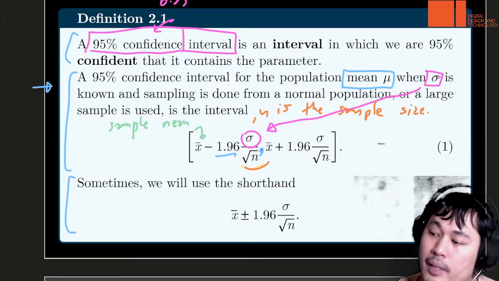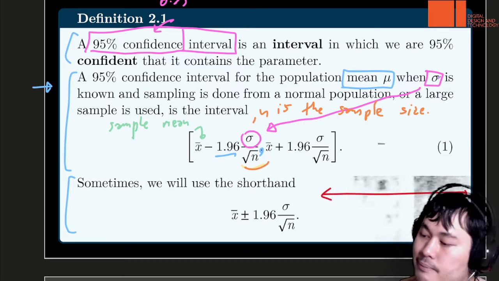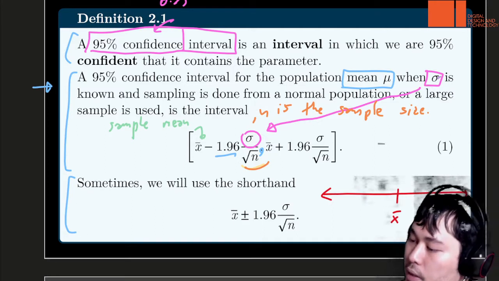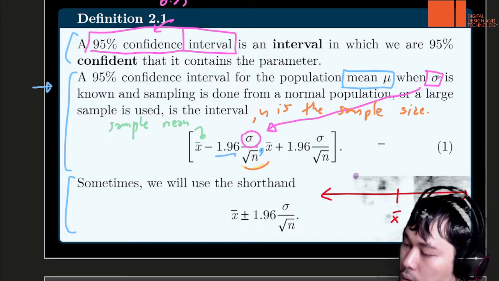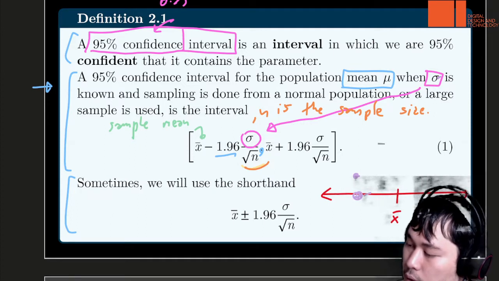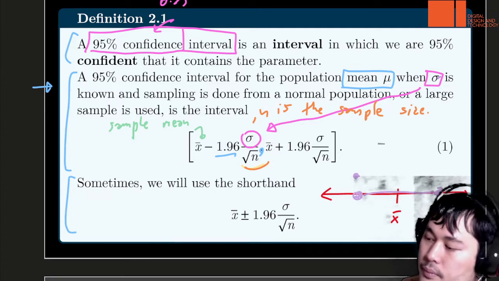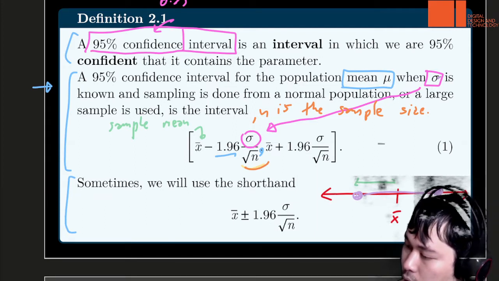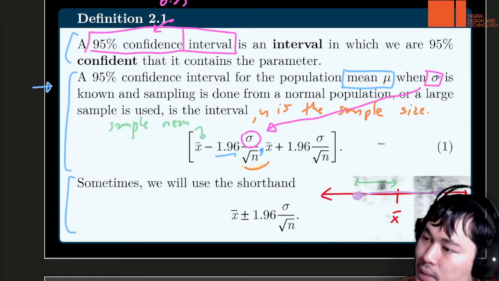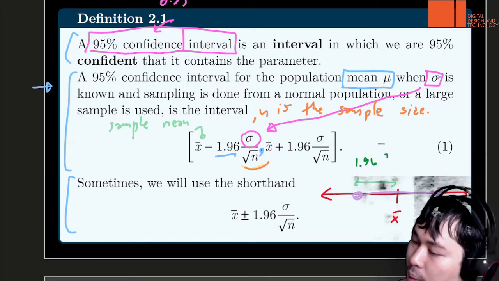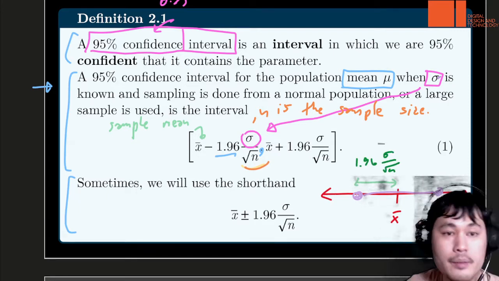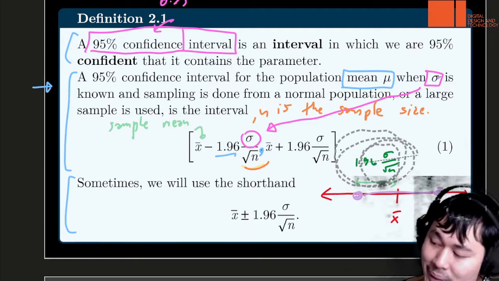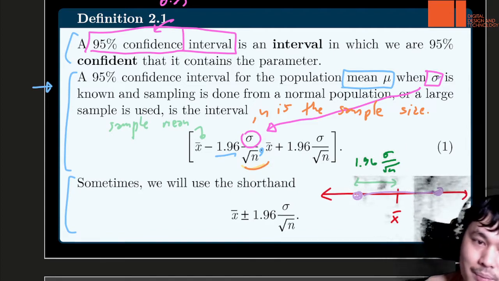So if you think about that in terms of a real line, you get some number x bar in the middle, and then you have an interval that spans left and right, and the width of each side is this mysterious number, 1.96 times sigma divided by square root of n. So you go to the left by this amount, and then go to the right by this amount.